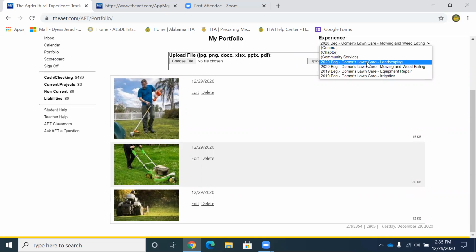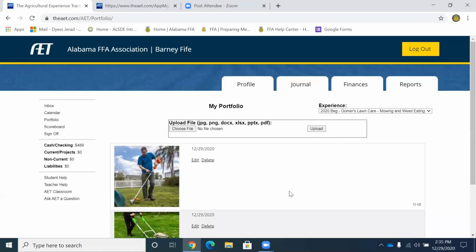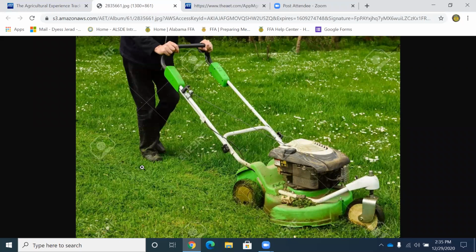As you look through these pictures, you see what Alan's talking about when he says, if you think one picture will do, take 5. We had a lovely picture of a lawnmower and somebody's feet. What does that show you? That doesn't show you anything. That could be any kid in America mowing that yard. It doesn't necessarily mean it's who your student is with that SAE.